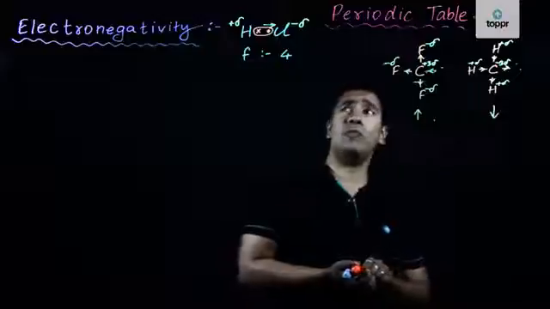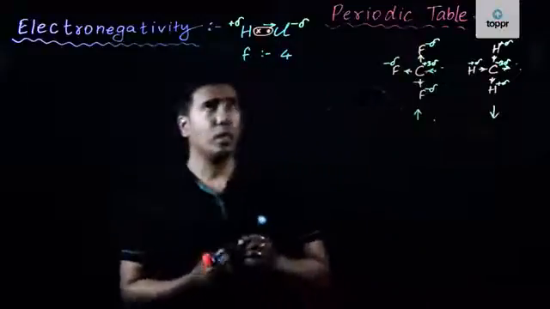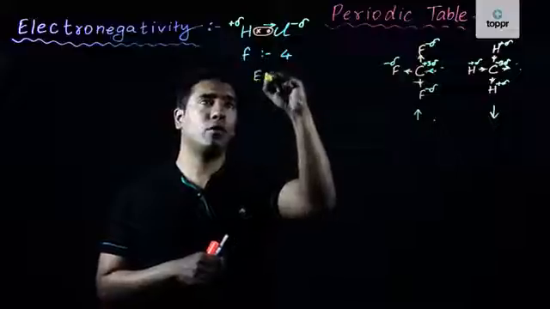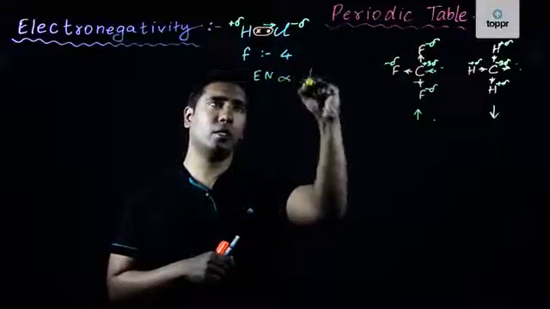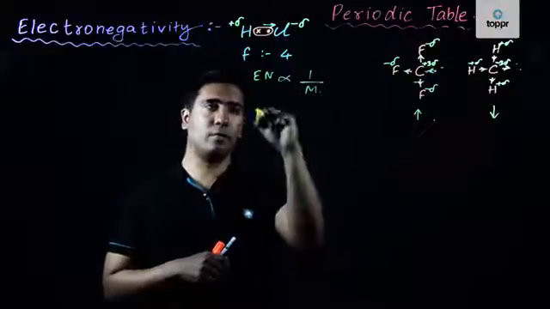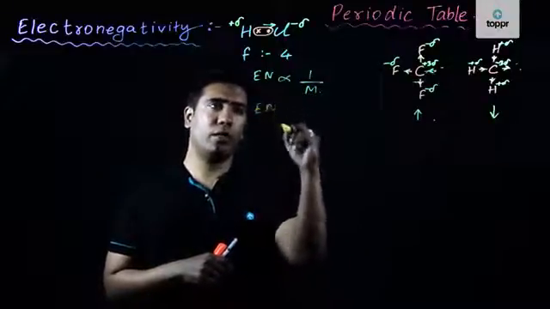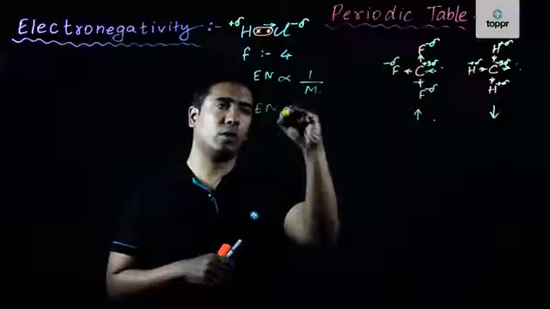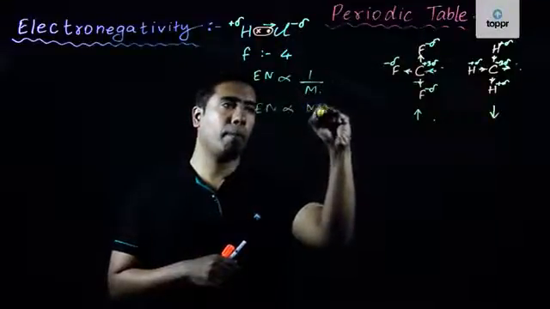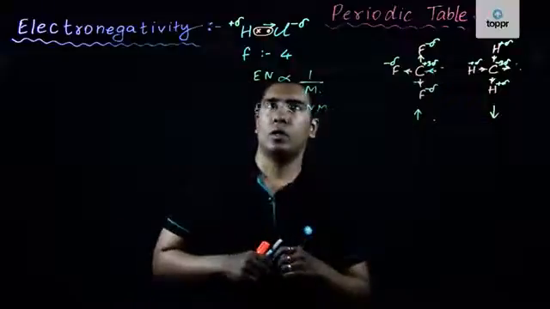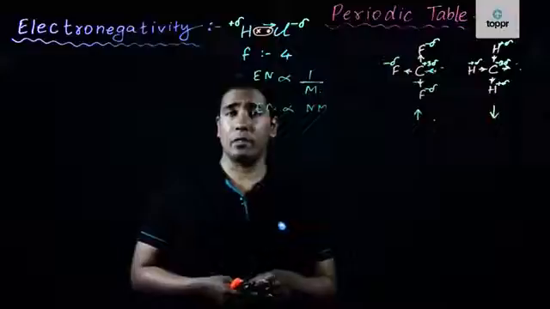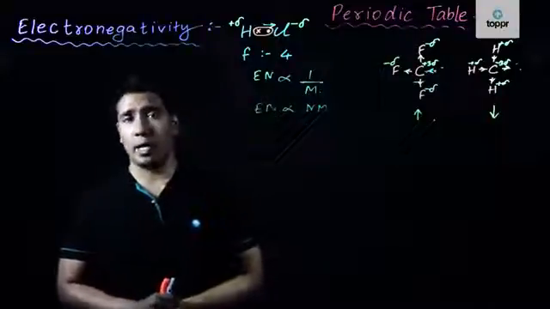So we can write in short that electronegativity is inversely proportional to metallic character, and in a similar way, electronegativity is directly proportional to non-metallic character. So this is the conclusion that we can draw, because we know, my dear friends, what happens in the case of metallic and non-metallic character, right?